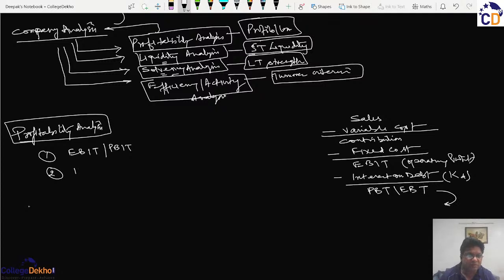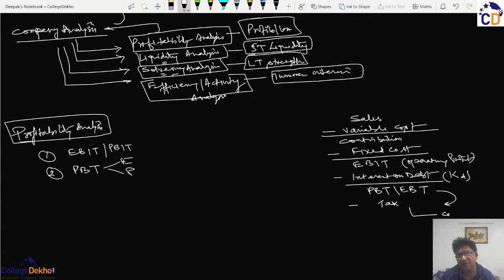So this PBT or EBT becomes the second criterion, because in a way it is the revenue that will go into the hands of the shareholders, whether they are equity shareholders or preference shareholders. So that is important. But this will be subjected to a fixed liability of tax.